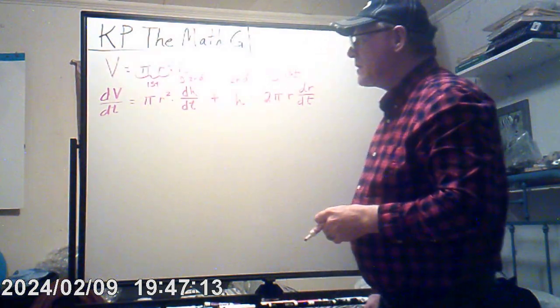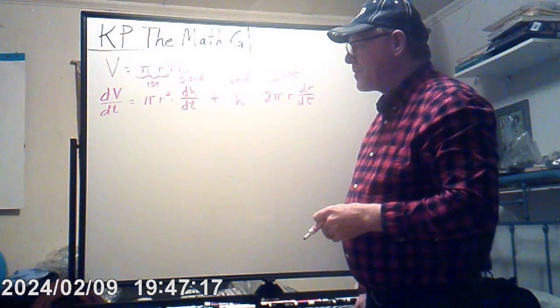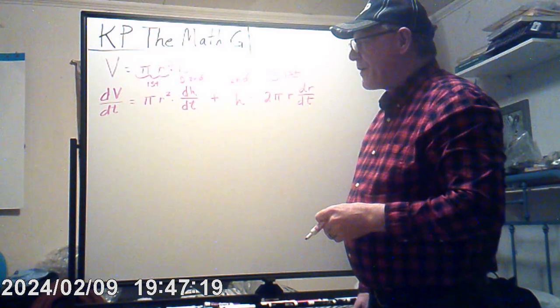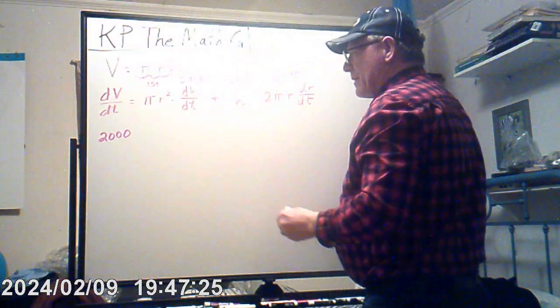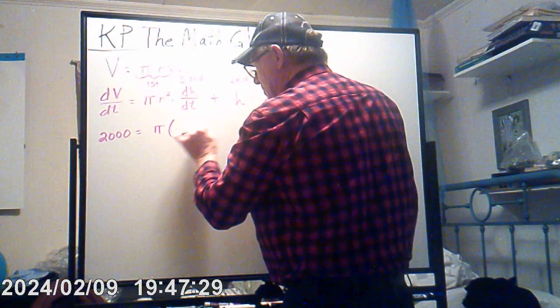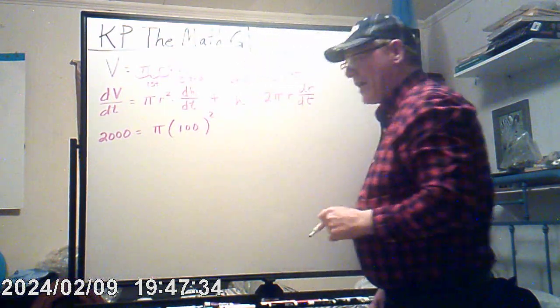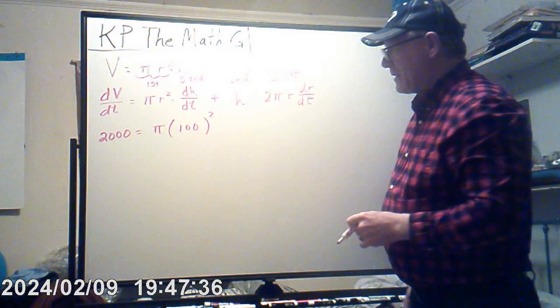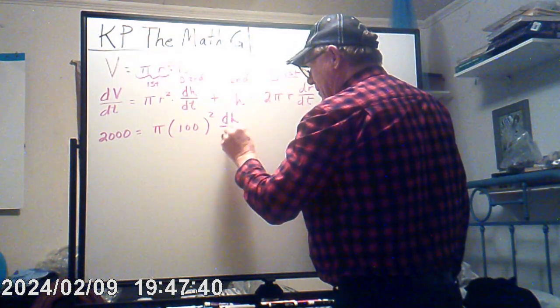Okay. Alright, let's go ahead and plug in the numbers. We have everything. dV over dt, I want to say, is 2000. And we'll double check this. Pi, now the radius is 100 at that instant. dh over dt is what we're looking for.